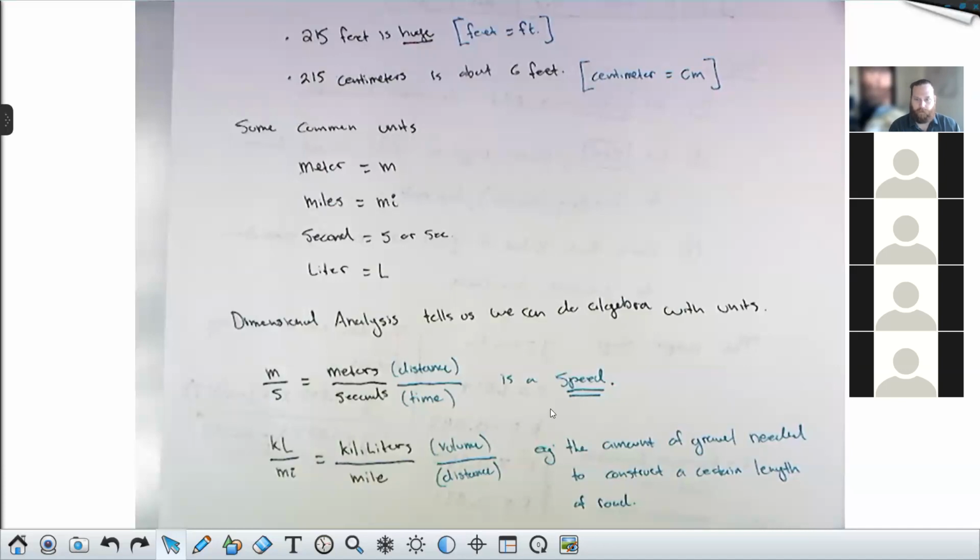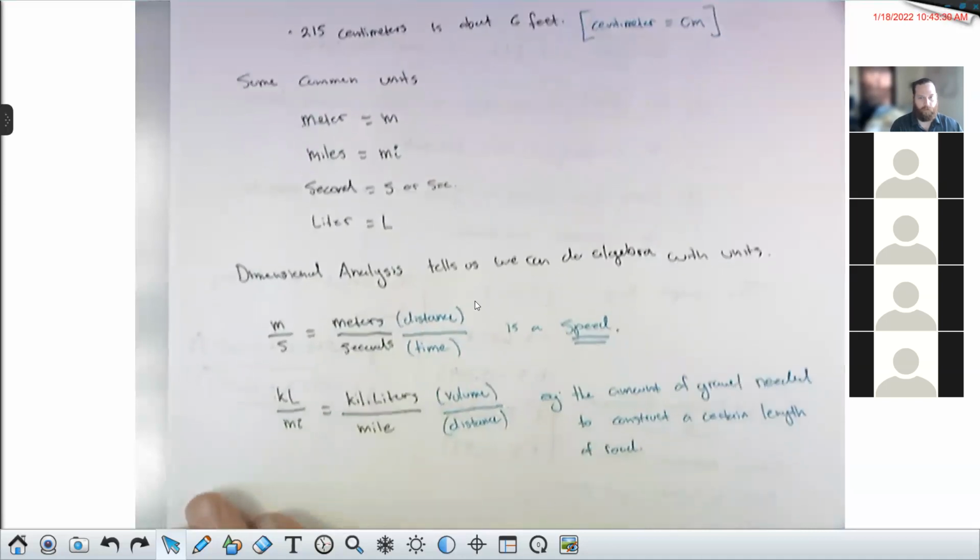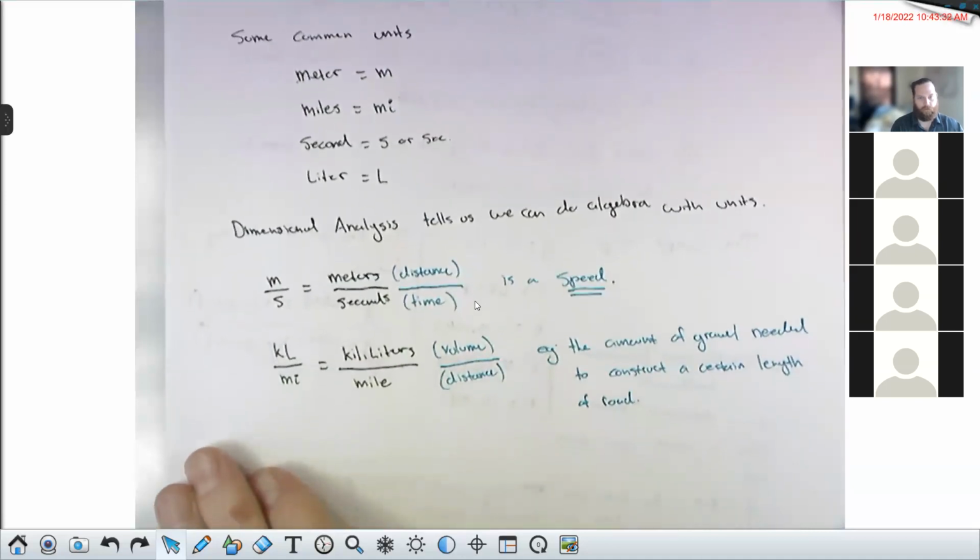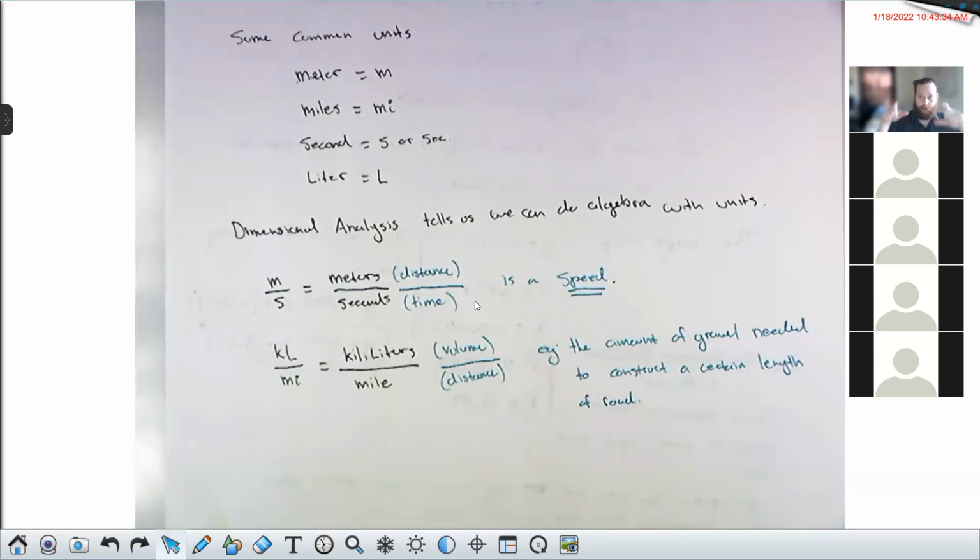The main place this is going to come in for us is when we talk about slopes of linear functions, right? Or rates of change. Rates of change are fractions, right? A rise over a run. So if your rise or your y values are measuring a distance and your run or x values are measuring a time, then your slope is a speed.